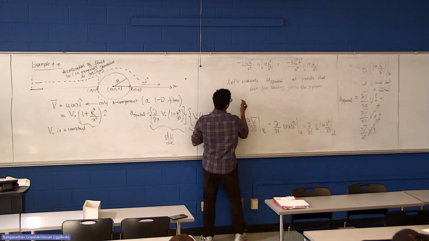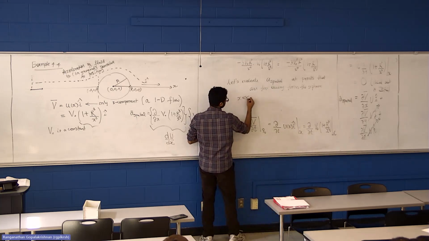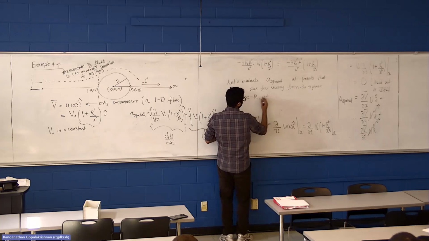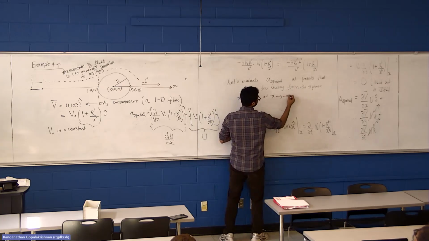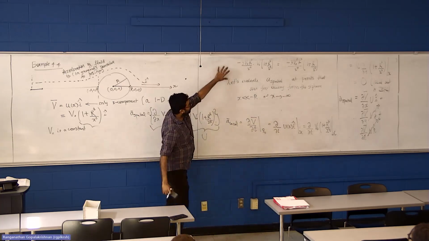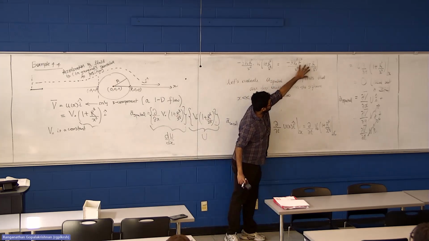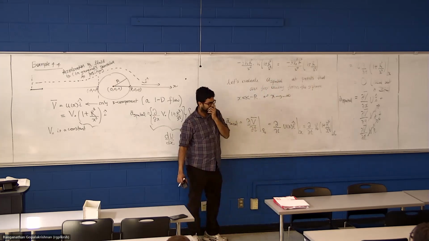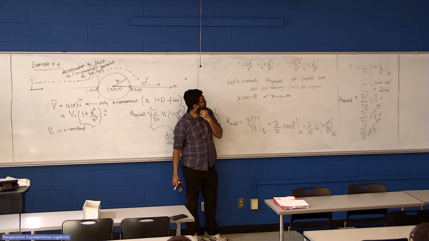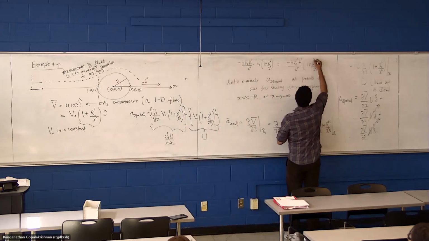Meaning, I want you to try x much less than minus r, or x goes to minus infinity. How will you evaluate this when x is very highly negative and much larger than r? Did you forget the cube on the r, or did I miss it? Yeah, I missed that.